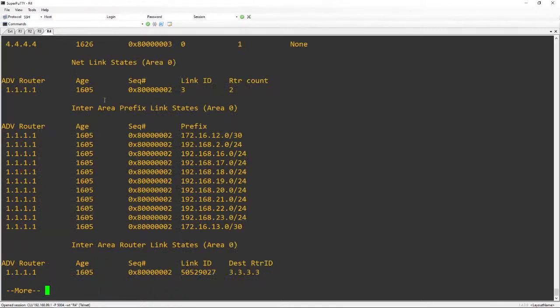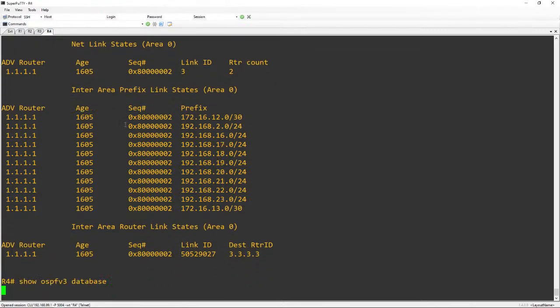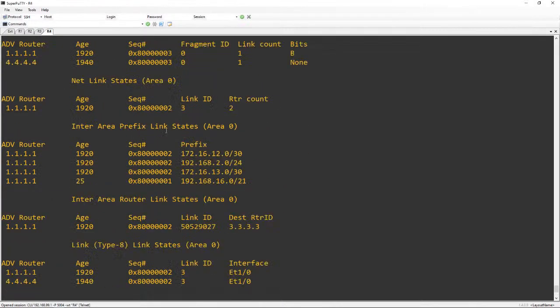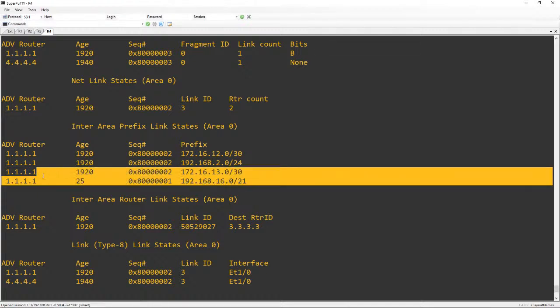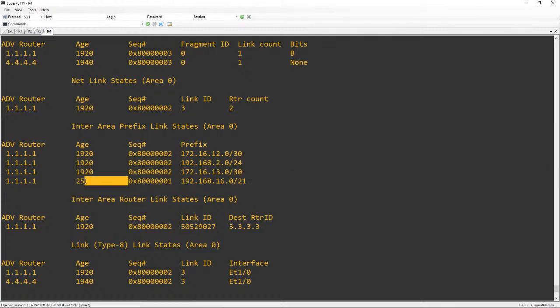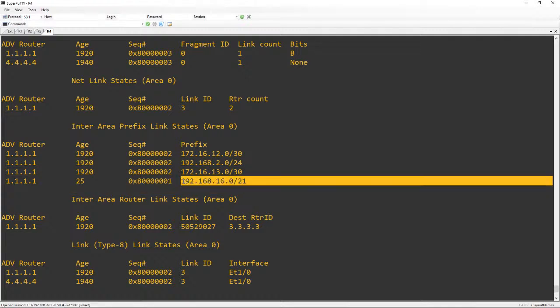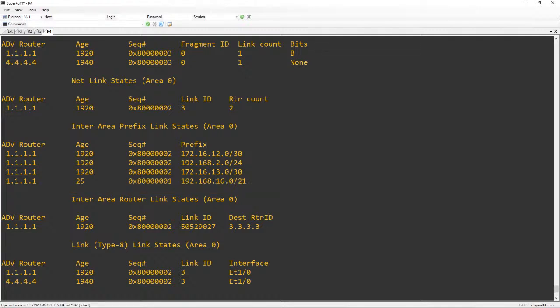But now if I go to router 4 and I refresh my database, you will see that I'm no longer receiving all of those individual prefixes. I'm receiving a /21, and the age is brand new, right? This is the first time I've seen this update. It's brand new, /21. So that's kind of the point of a summary LSA. It's to summarize prefixes from one area to the other using the area range command.